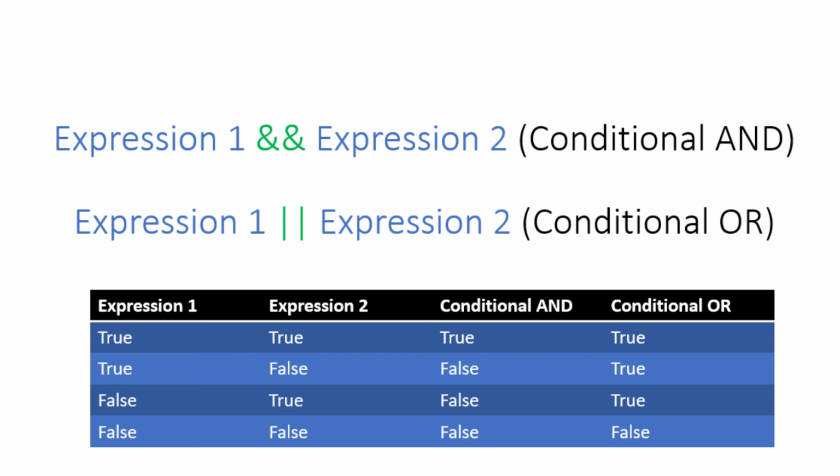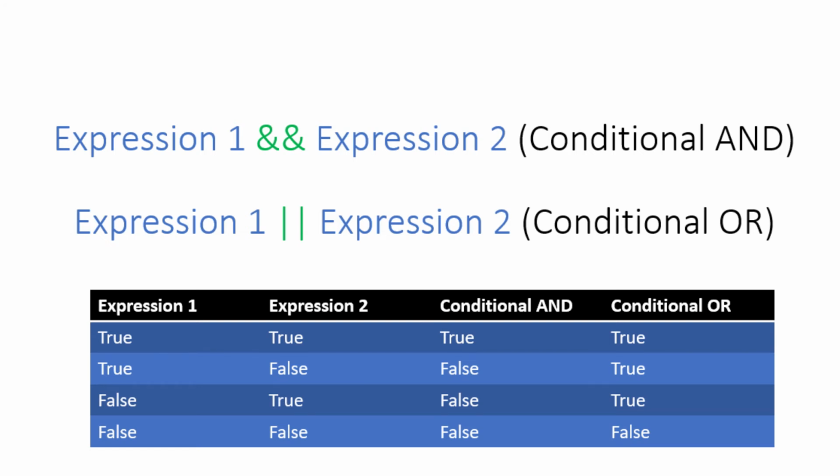One important thing to notice here is that out of two expressions, the second is evaluated only if required. Let's understand what it means. In case of conditional or, if the first expression evaluates to true, then there is no need for the second expression to be true, because only one is required to be true in conditional or.